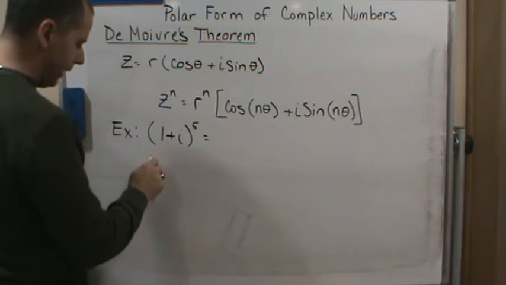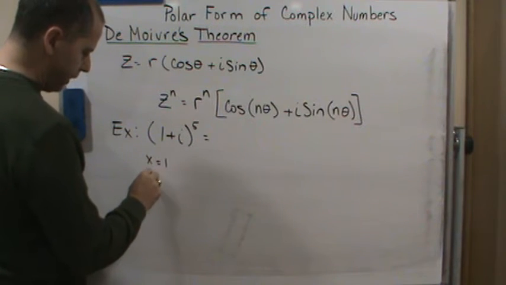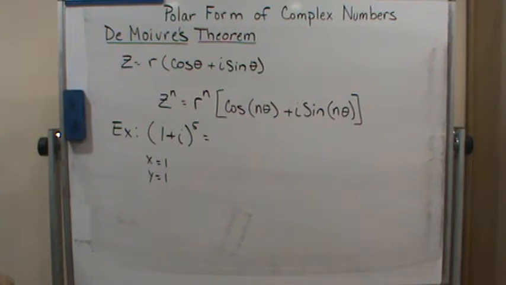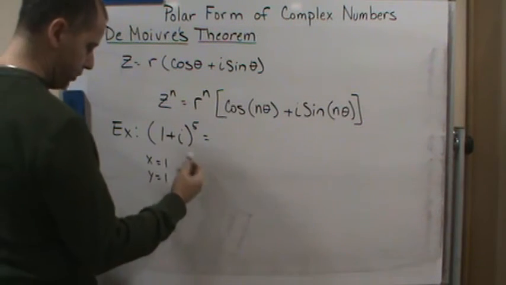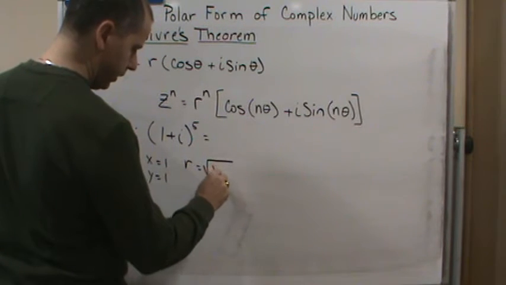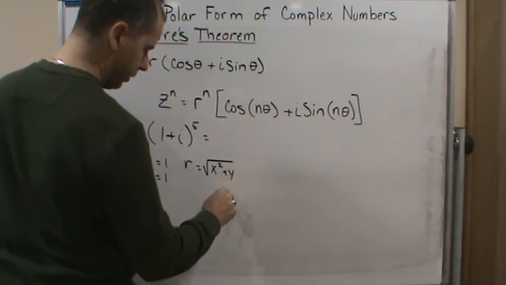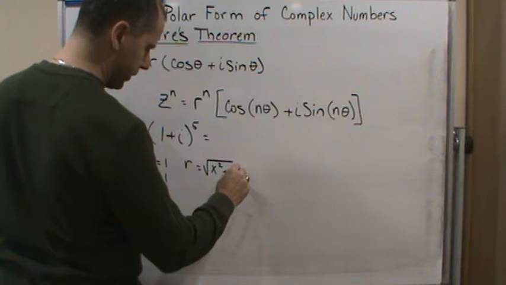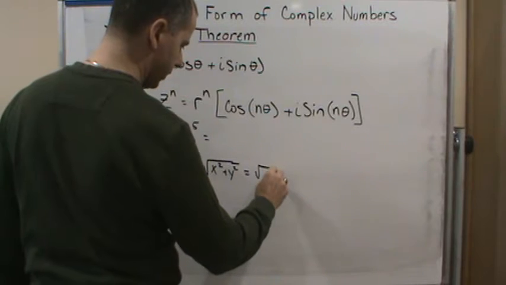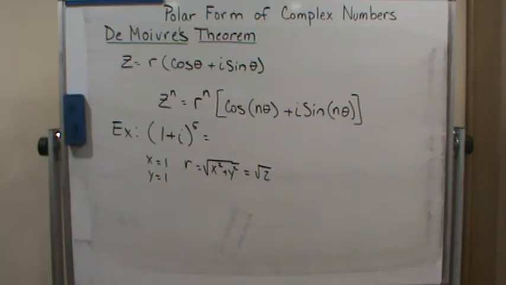So x is 1 and y is 1. The first thing I'm going to do is find r. So r is the square root of x squared plus y squared, and this gives me the square root of 2. So there's r.